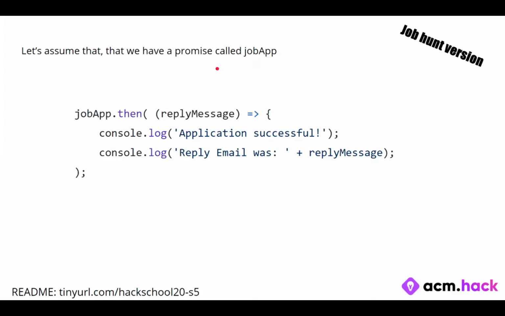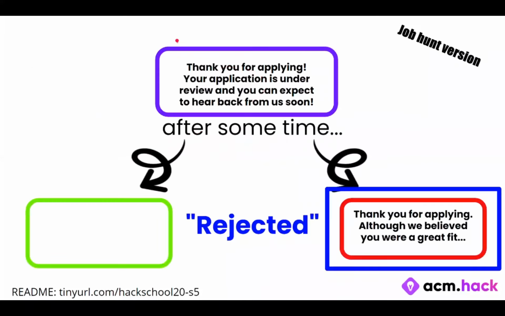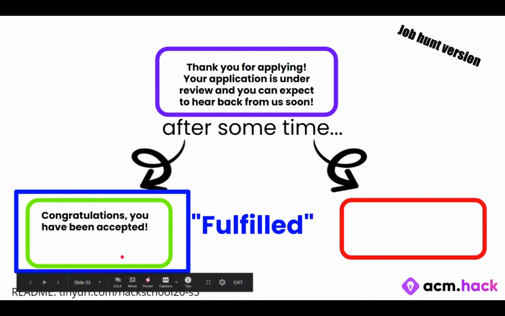So reply message, is it an argument or is it a function? Yes, it is an argument. So our promise, if you remember here, looked something like this. Our promise is this thing inside the purple box, and after some time, it became this green box here, and this message says "Congratulations, you have been accepted."